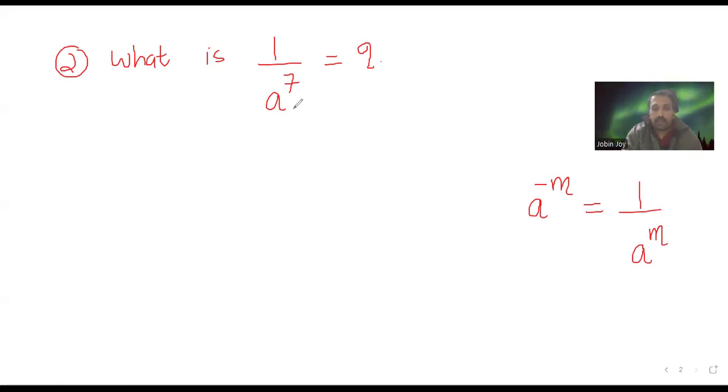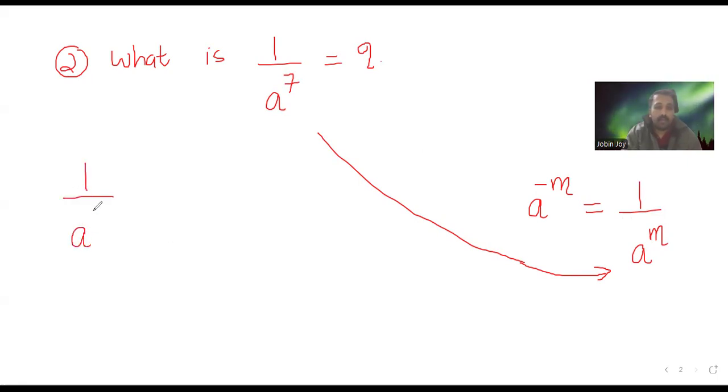So this is in the form of 1 by a raised to m. What is 1 by a raised to m? 1 by a raised to m equal to a raised to minus m. So I can write 1 by a raised to 7 equals a raised to minus m. That means a raised to minus 7. So the equivalent expression of 1 by a raised to 7 will be equal to a raised to minus 7.